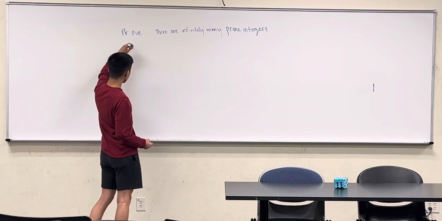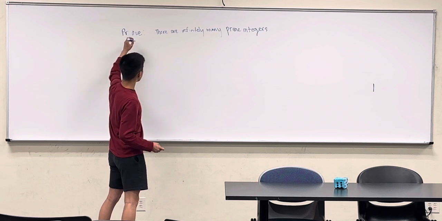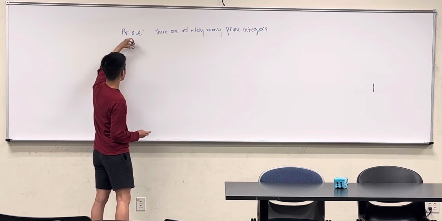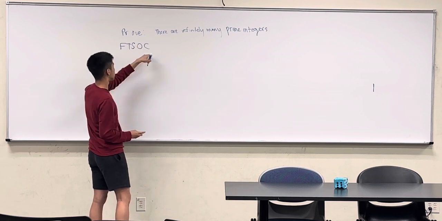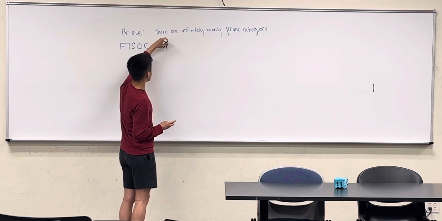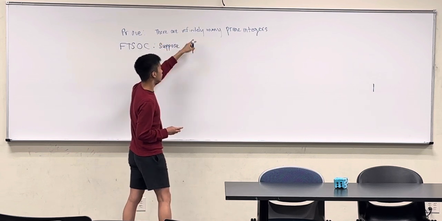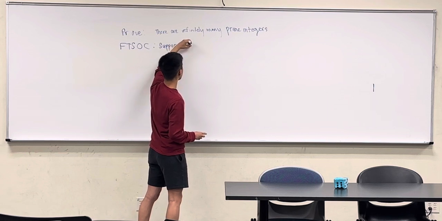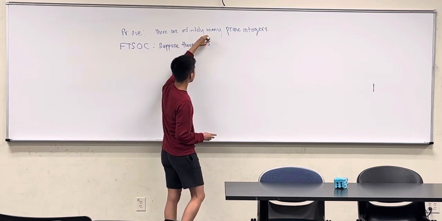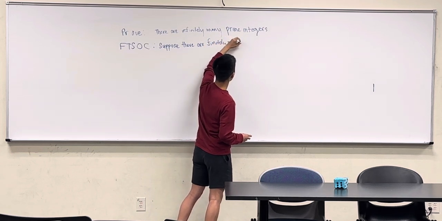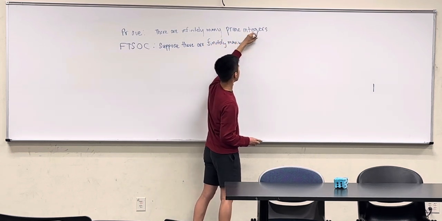So for the sake of contradiction, which is what SOC means, suppose that there are only a finite amount of prime integers. So there are finitely many, I'll just call prime integers pi.